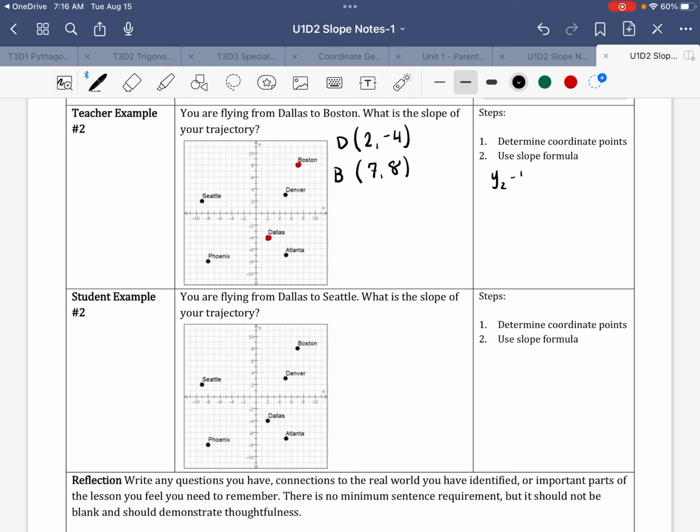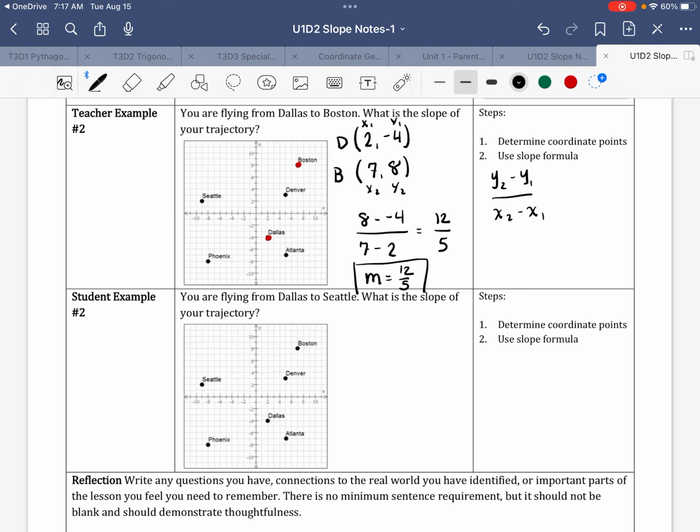So we're going to use our slope formula, y2 minus y1 over x2 minus x1. And then label our points, x1, y1, x2, y2. And then go ahead and plug it in. So 8 minus -4 over 7 minus 2. We can plug this into the calculator, or 8 plus 4 is 12. 7 minus 2 is 5. So our slope is 12 fifths.